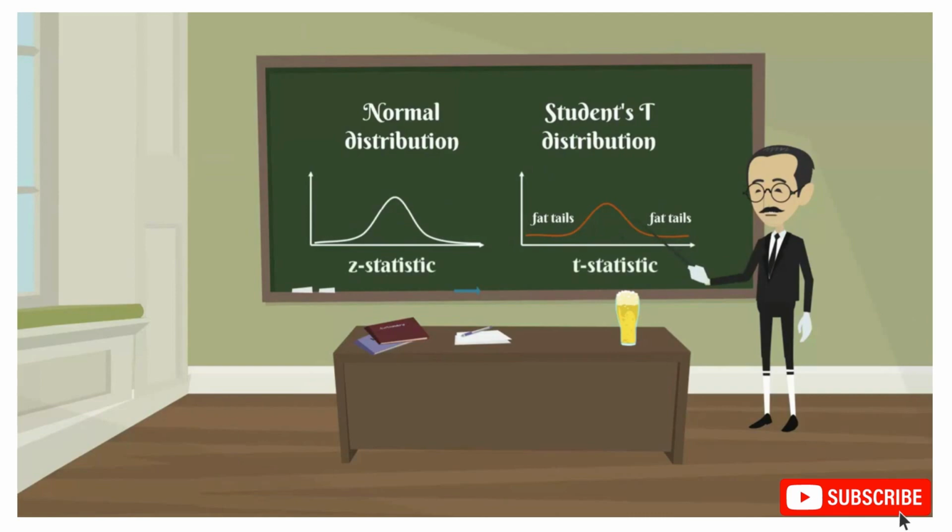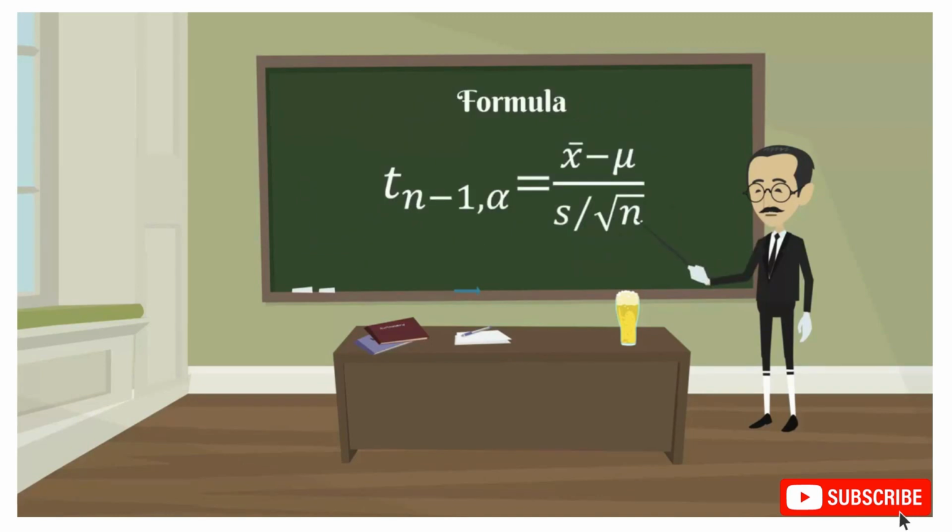In the same way that the z-statistic is related to the standard normal distribution, the t-statistic is related to the Student's T-distribution. The formula that allows us to calculate it is t with n-1 degrees of freedom and a significance level of alpha equals the sample mean minus the population mean, divided by the standard error of the sample.